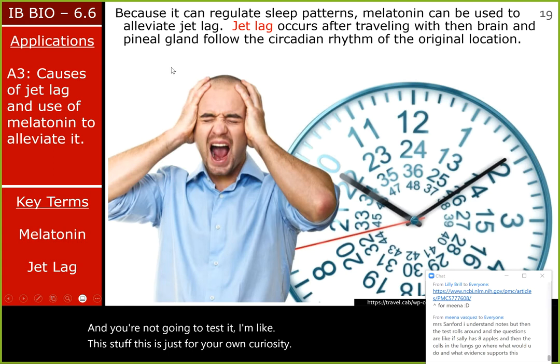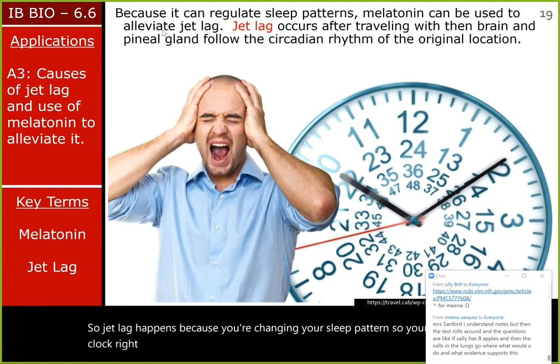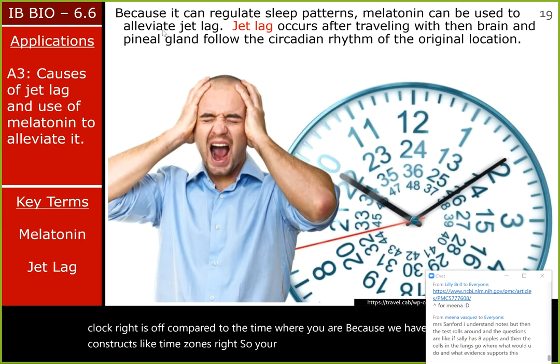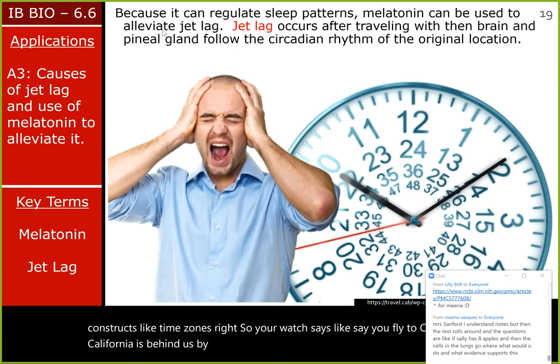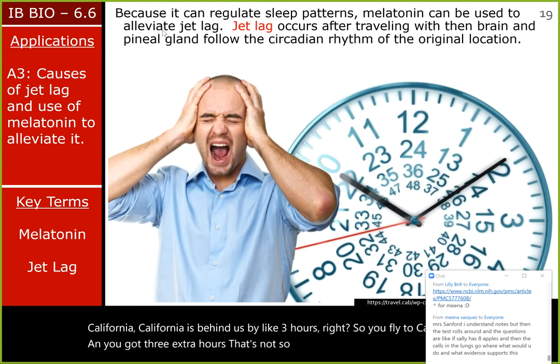So jet lag happens because you're changing your sleep pattern. Your body clock is off compared to the time where you are because we have human constructs like time zones. Say you fly to California. California is behind us by about 3 hours, so you get 3 extra hours. That's not so bad. Coming back is awful, though.